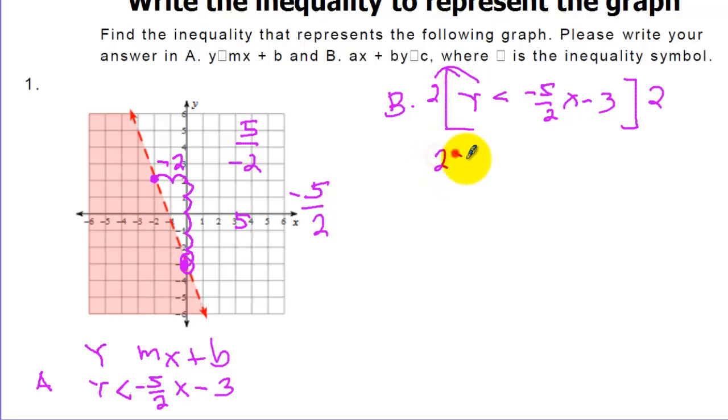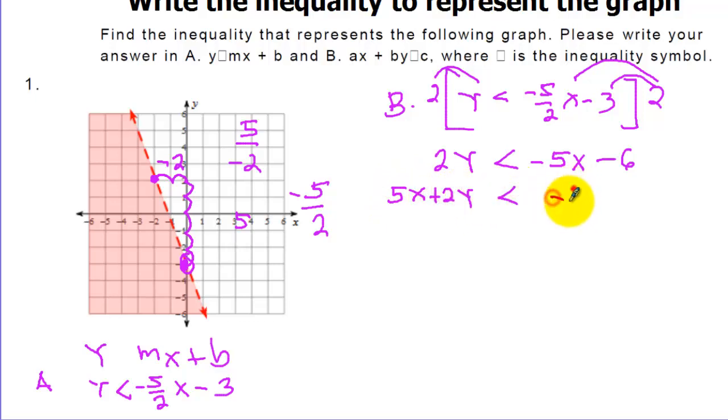We'll get 2y less than 2 times -5/2 x, this -5x, and then 2 times -3 is equal to -6. Adding 5x to both sides, we will get 5x + 2y < -6, and this will be our standard form.